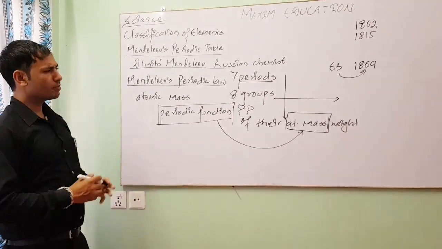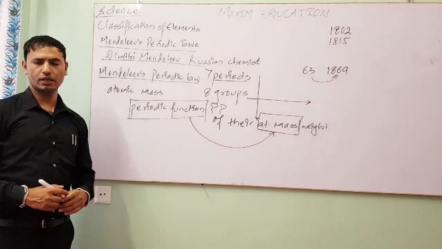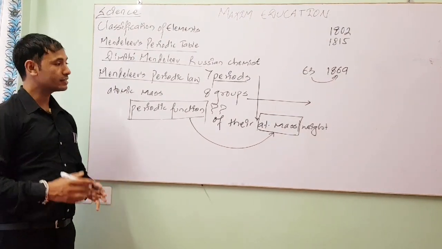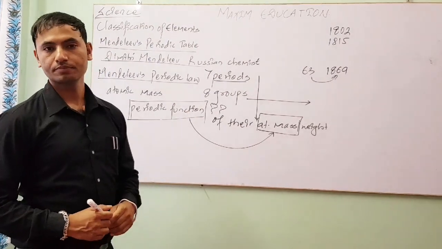Due to the small number of elements discovered, Mendeleev left a lot of gaps in his periodic table so that newly discovered elements could be filled in those gaps.